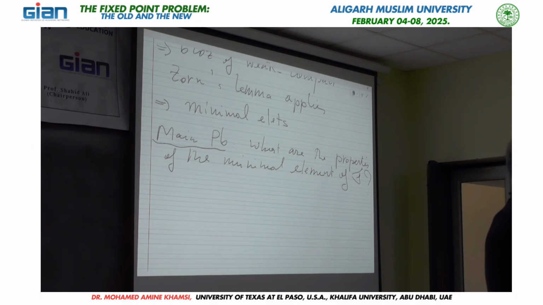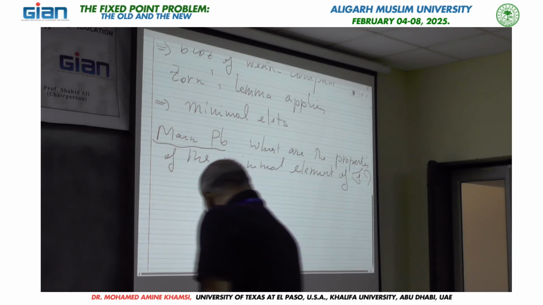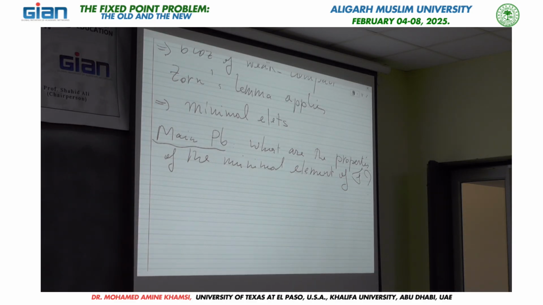Now, what are the known properties? I will start with A and B I showed you here, and these are the properties that Kirk used in 1965. Okay? So what is the first one? Of course, the problem is interesting if the minimal element is not reduced to one point, because it's invariant.